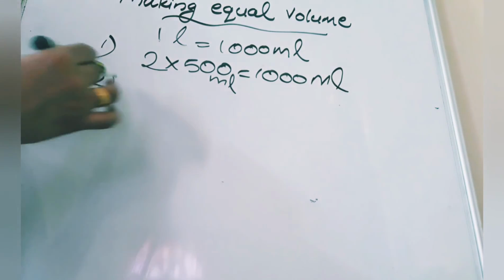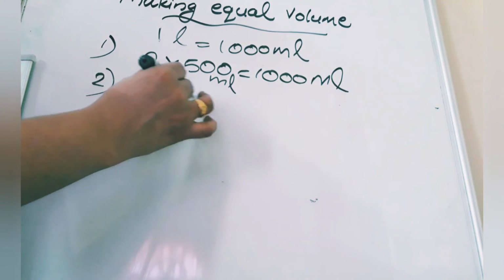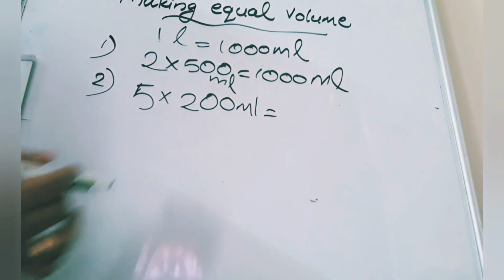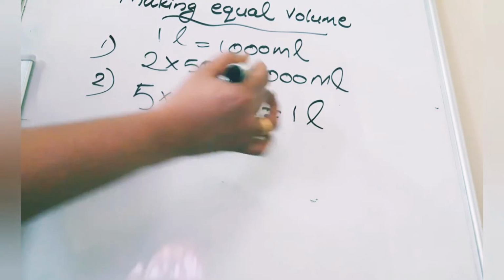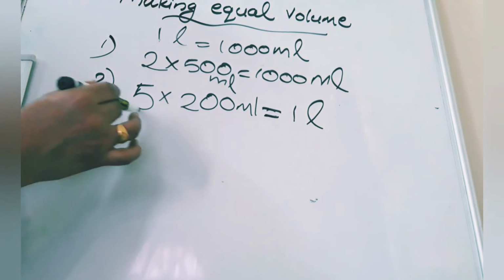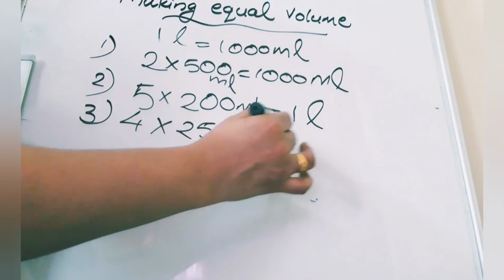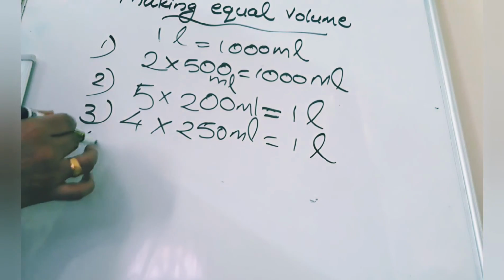Second one we have learned 5 times 200. 5 times 200 ml is equal to 1000 ml or 1 liter. Then 4 times 250 ml is equal to 1 liter.